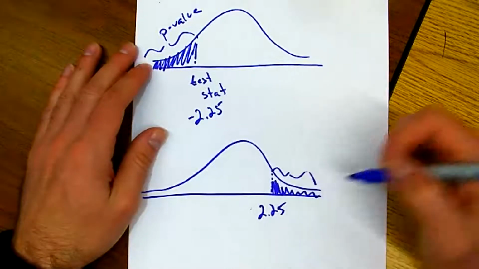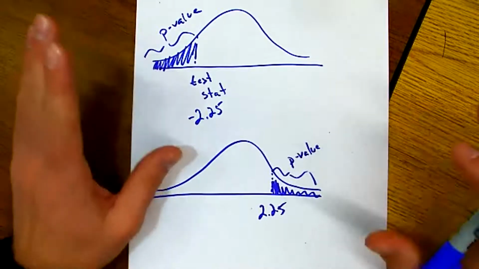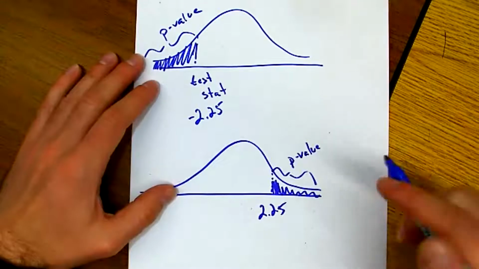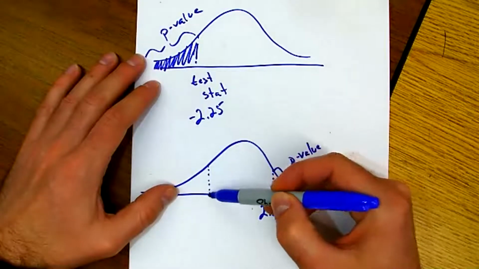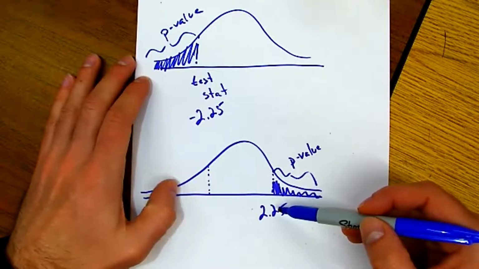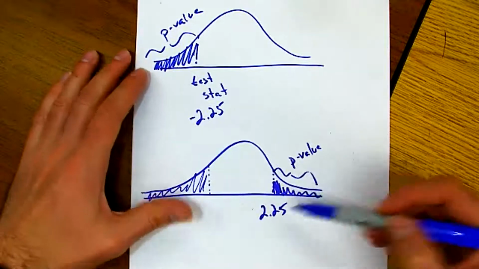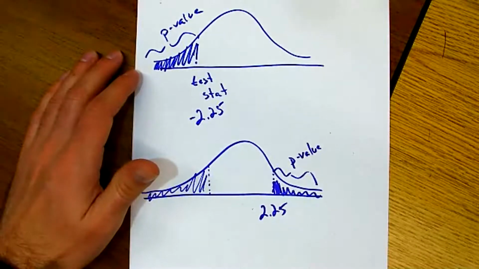So more extreme means larger in absolute value. I'm like, okay, this is my p-value, but it's not, right? Because for a two-tailed test, it would have been equally as likely for me to see something that far away from the assumed true difference, but below it. So I've really got two tails, and when I add those tails together, that's my p-value.